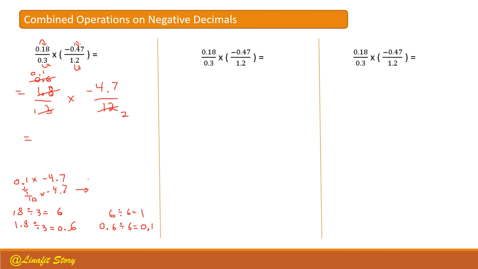So this means negative 4.7 divided by 10. How many zeros are there in 10? Only one zero. So you move the decimal place one step to the left. So the answer is negative 0.47.